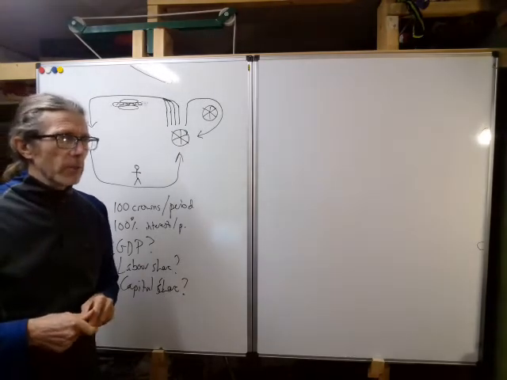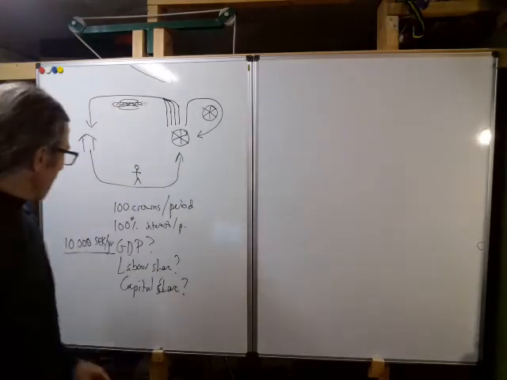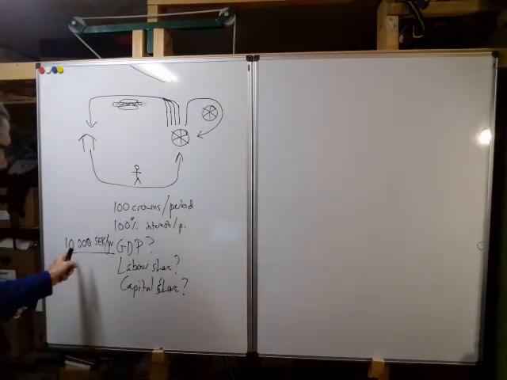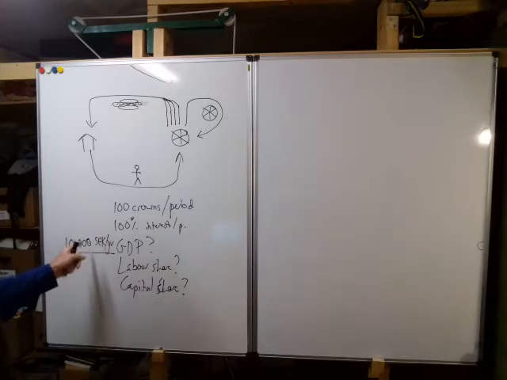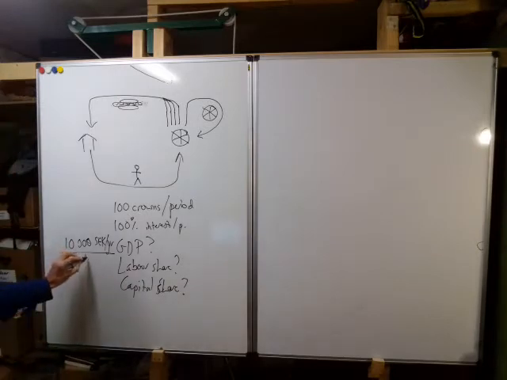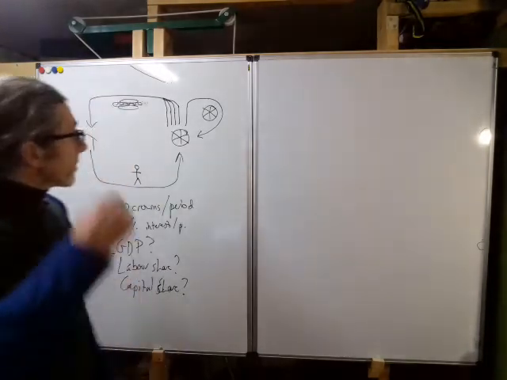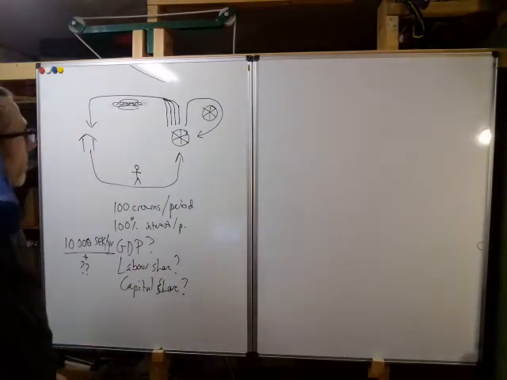No, that's too simple. Oh god, this is tricky. That's wage payments, but then there's payments on capital as well. So that's not GDP, because we need the capital payments. Okay, so what are capital payments?